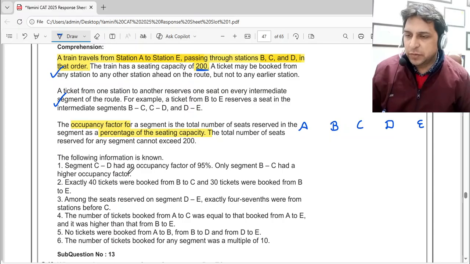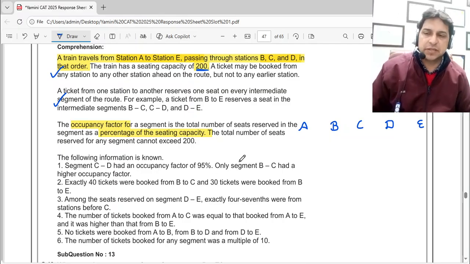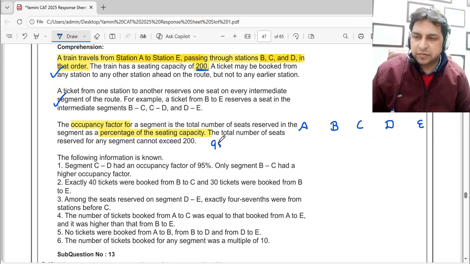The following information is known. Segment C to D has an occupancy factor of 95%. That means 95 upon 100 of sitting capacity 200.